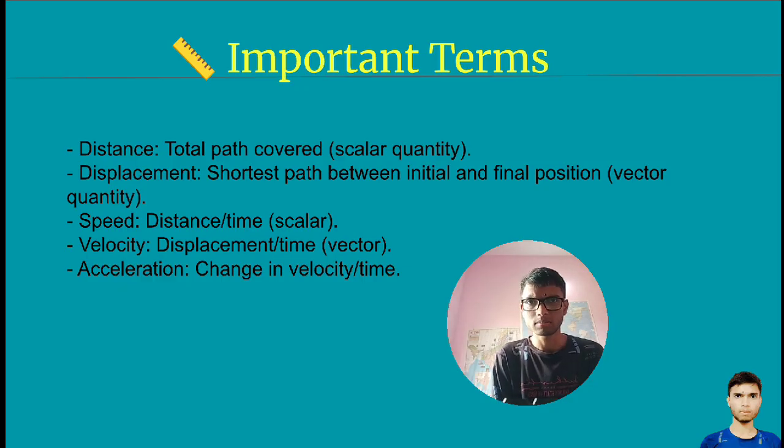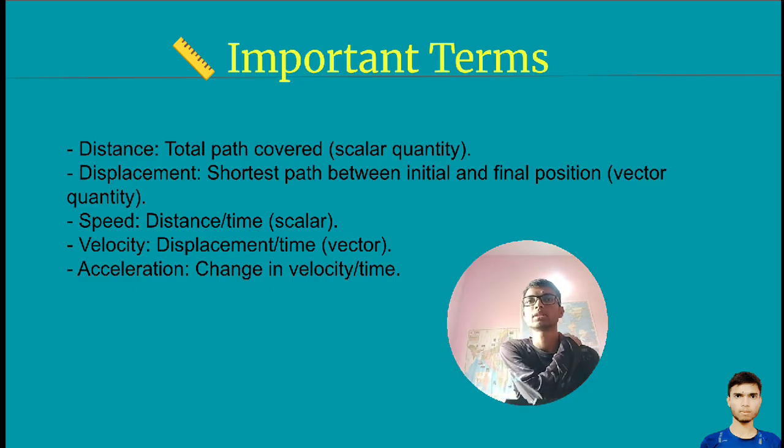Now time will come, because we are understanding motion. Acceleration is motion. Something is moving, then we will be able to identify the acceleration of that moving object. This will happen when the object is moving, that's why time will come.